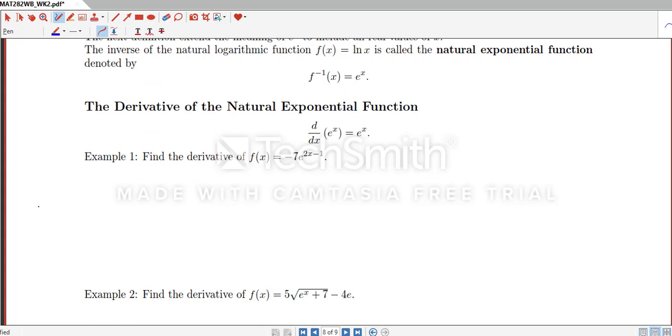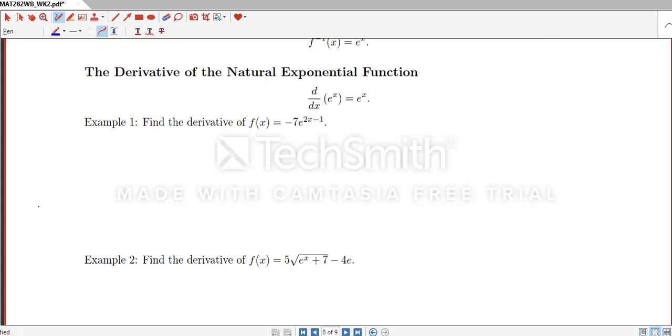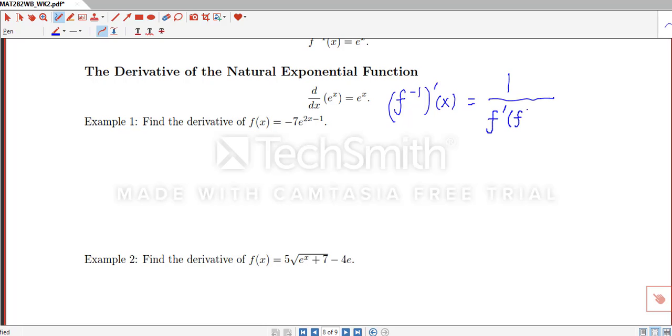The derivative of the natural exponential function, d over dx acting on e to the x, equals e to the x. We can try to derive this based on what we have learned from the last section. The derivative of f inverse of x equals 1 over f prime of f inverse of x.